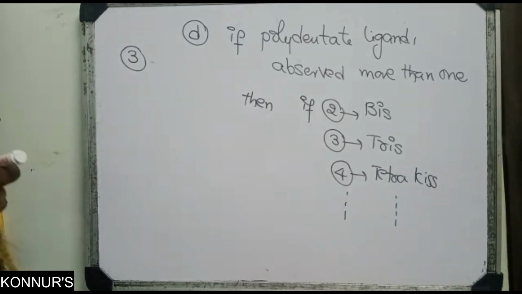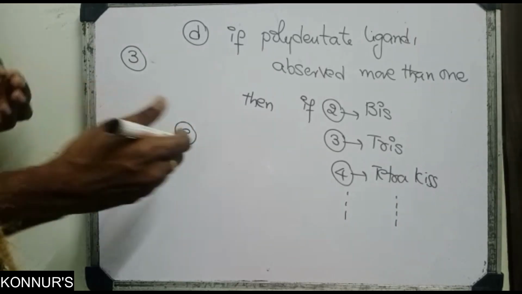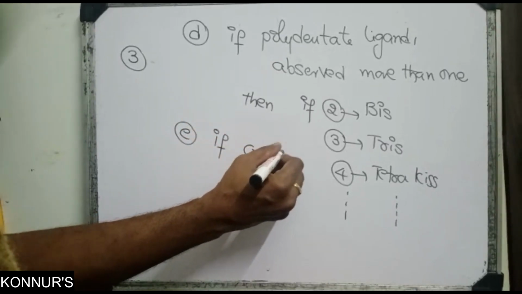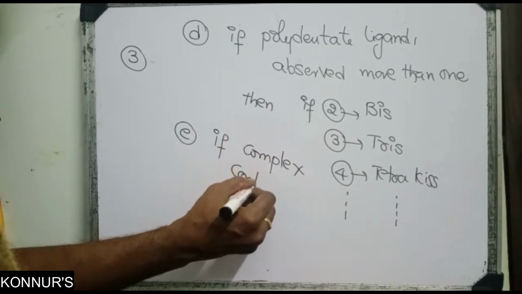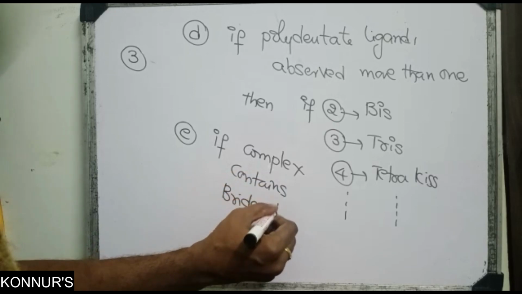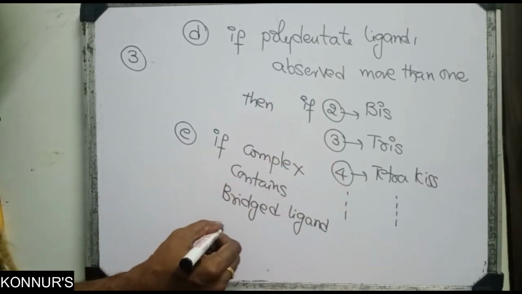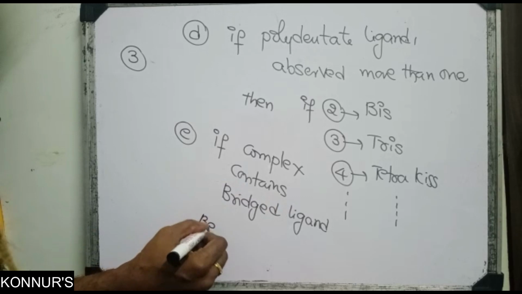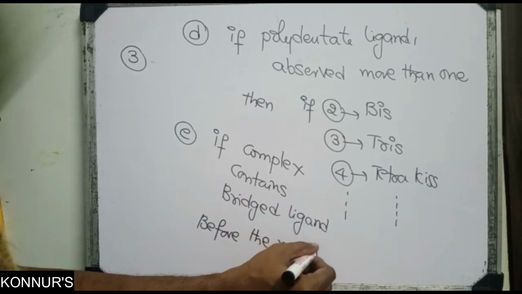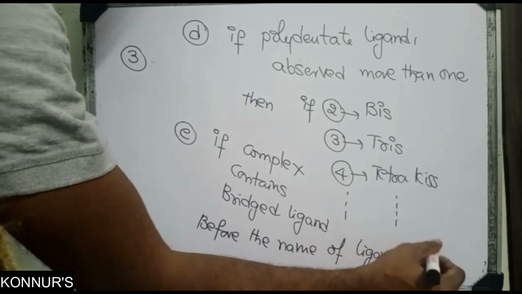Next, if the complex contains a bridged ligand, before the name of the ligand you represent mu.